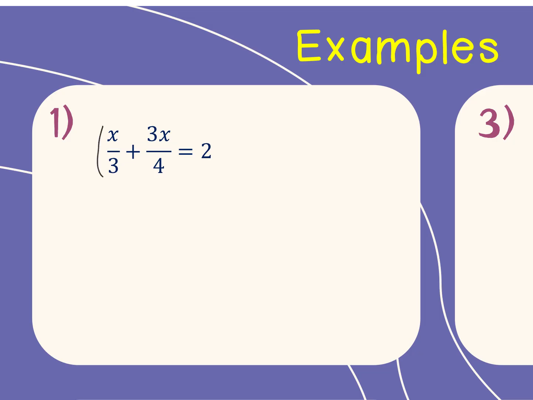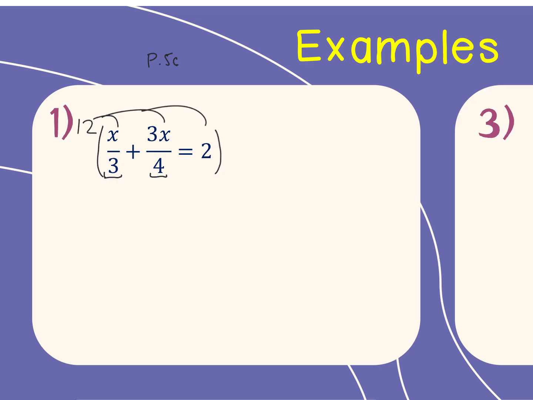So what I'm going to do is multiply this entire equation by the least common denominator. Between 3 and 4, the least common denominator is going to be 12. Think back to what we did in section P.5c with our adding and subtracting: we had to find a common denominator, and between 3 and 4, it's going to be 12.